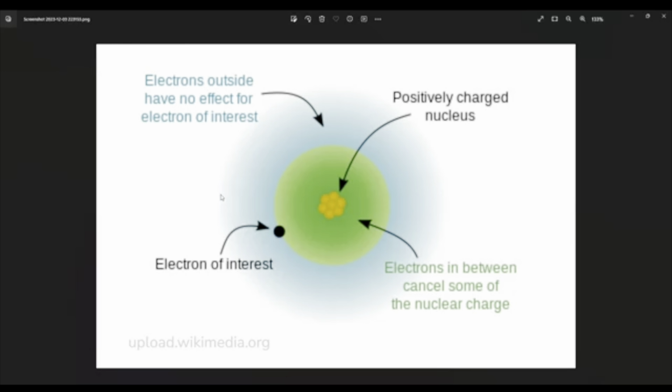Electron shielding describes the ability of the atom's inner electrons to shield this positively charged nucleus from its valence electrons. When moving to the right of the period, the number of electrons increases and the strength of shielding increases.